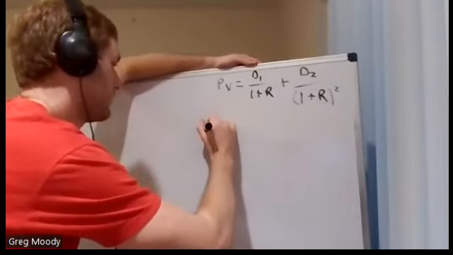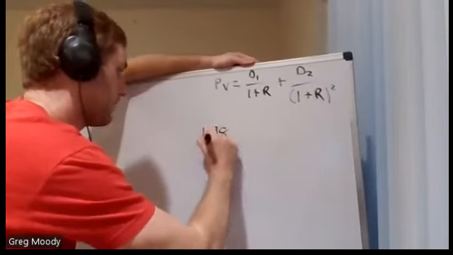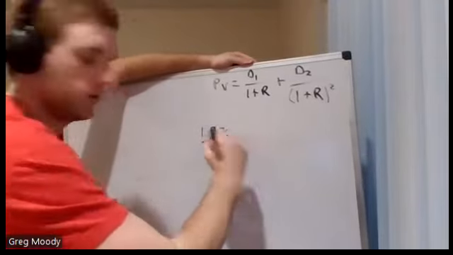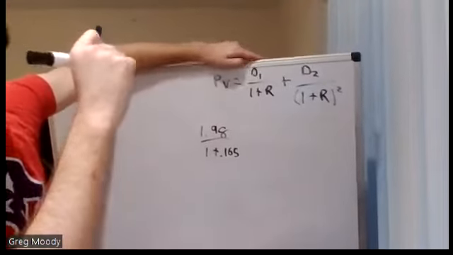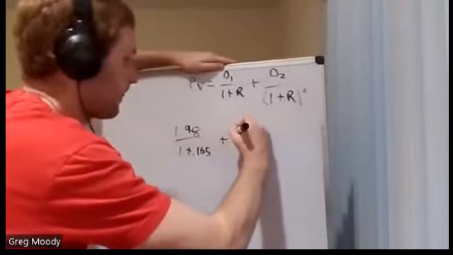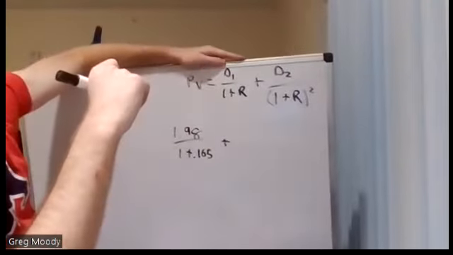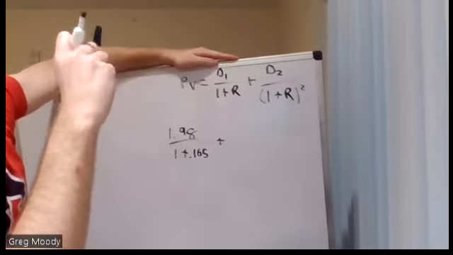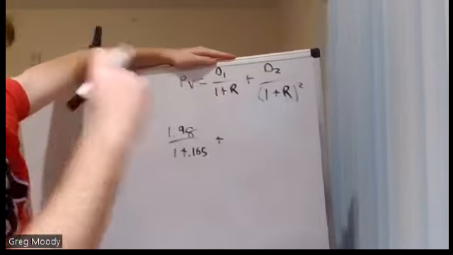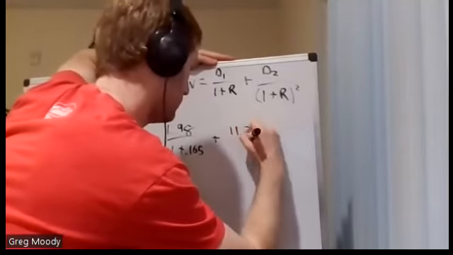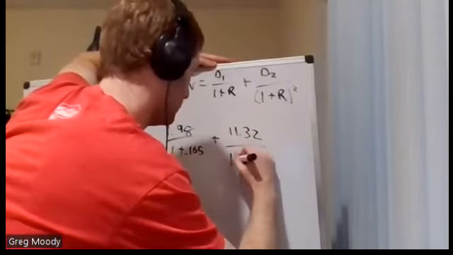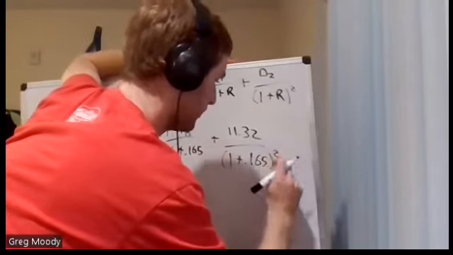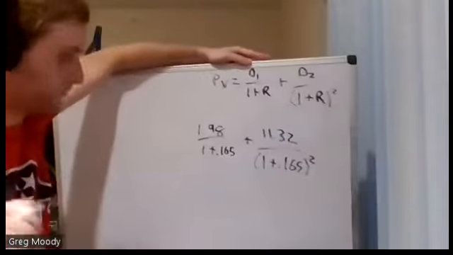So if we plug this in, it's going to be 1.98 over 1 plus 0.165, plus our dividend after one additional year, which is 11.32 over 1 plus 0.165 to the power of 2.